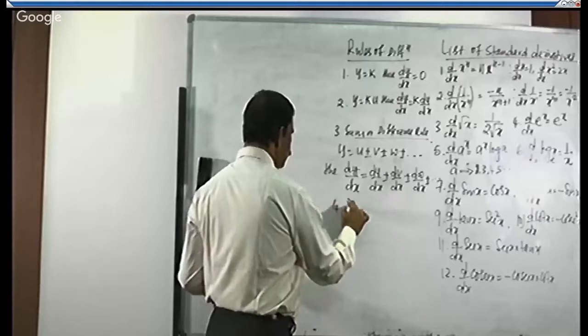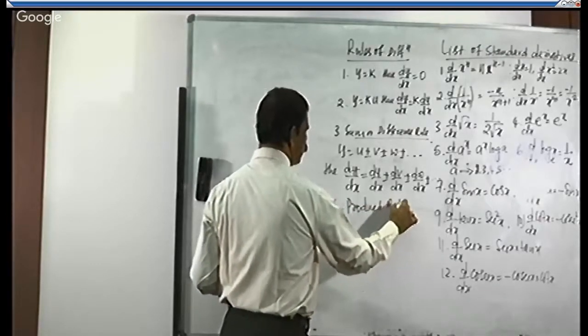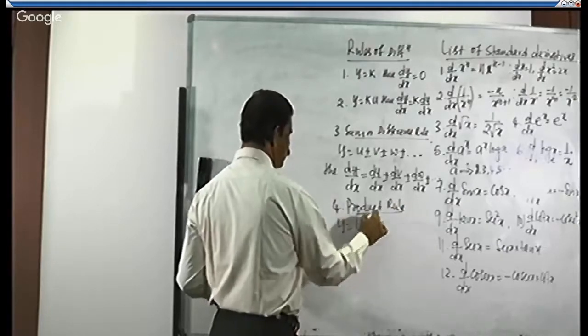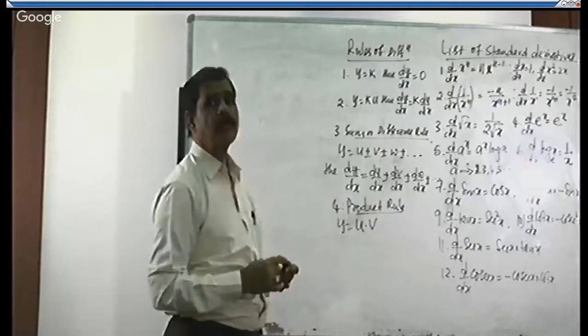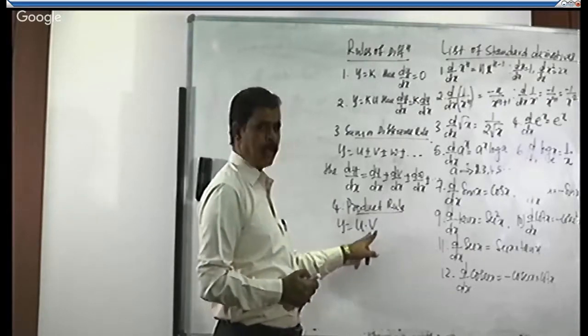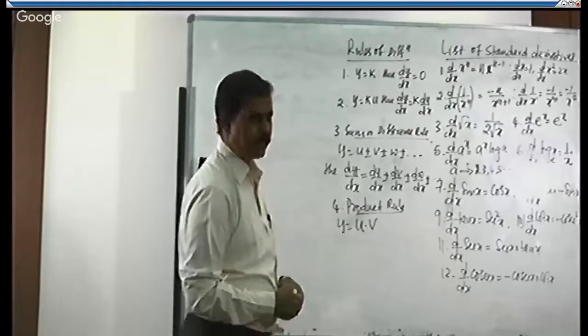Fourth one, product rule. Suppose if y is equal to product of two terms, here compulsorily both should be in x only. u and v should be functions of x.